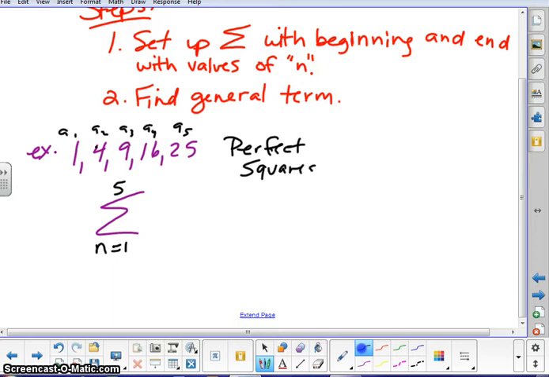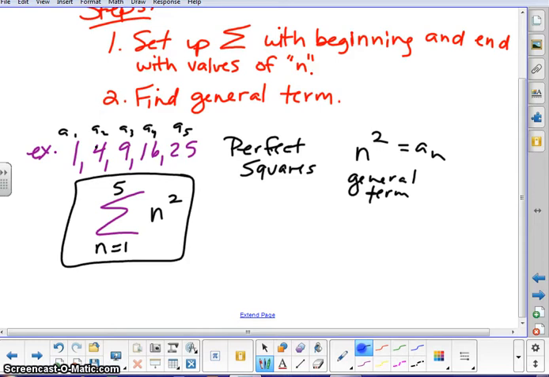And anytime you have a perfect square, it is a number squared. So a number n squared is going to be our general term. Okay, so a sub n equals n squared, because if I plug in a 1, I get 1. If I plug in a 2, I get 4. If I plug in a 3, I get 9, and so on. So then the general term is going to go in front, to the right of the sigma notation. Okay, let's go on to the next one.